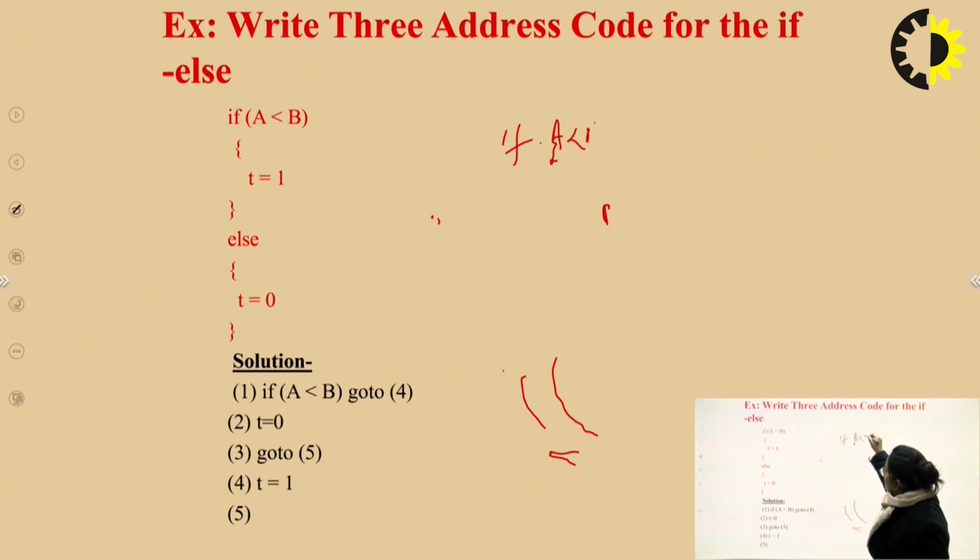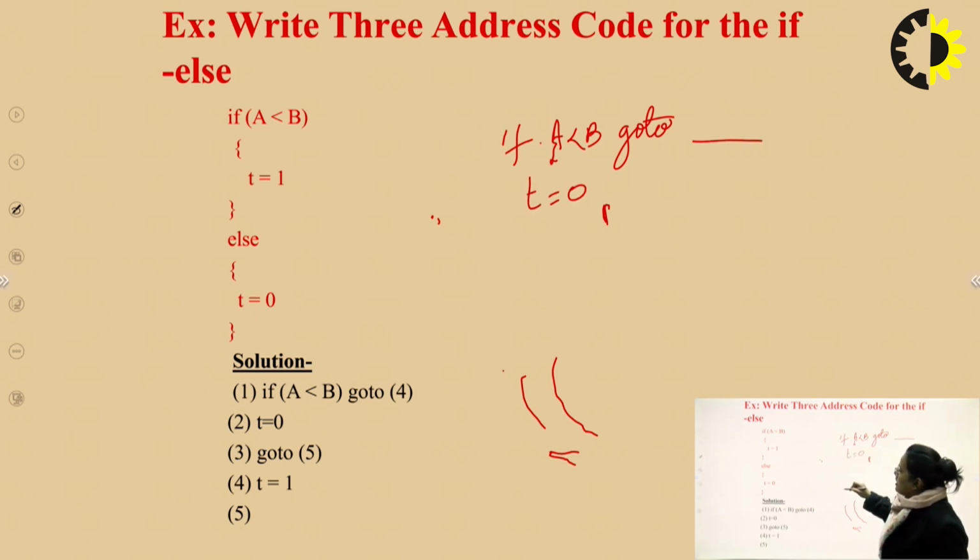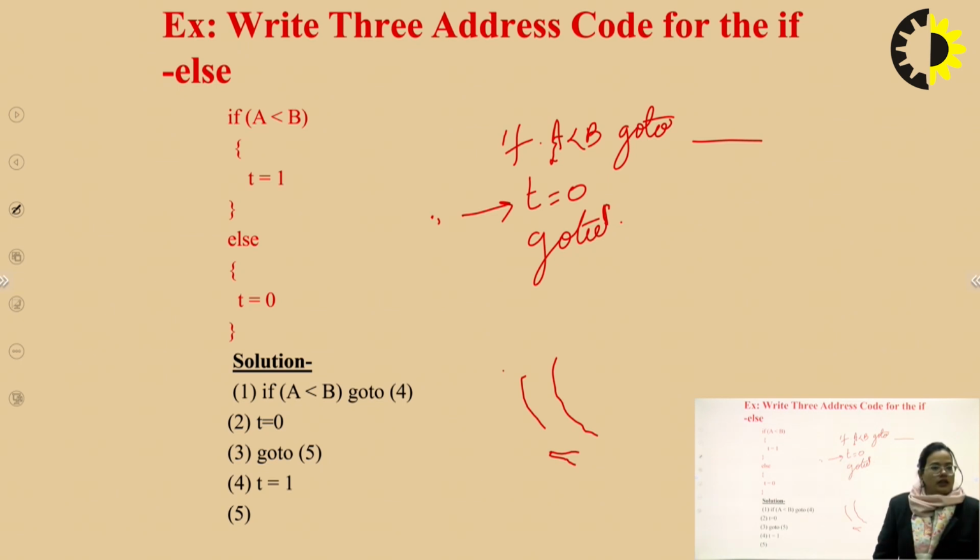Then t = 0, then go to. Okay, this is the condition for the else statement, the false statement, and this is for the true statement. Then go to.